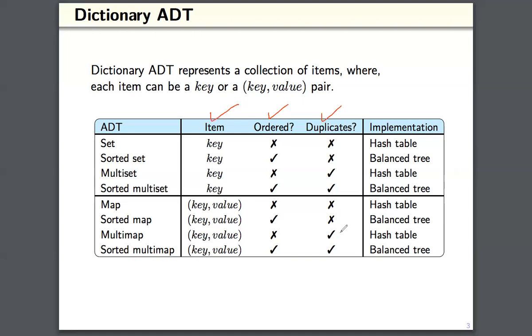Multi-map, it contains duplicates, and so on. What is the best implementation for all these ADTs? We are covering 8 types of ADTs, and you will see this often. Whenever you use sorted, you use a balanced tree.